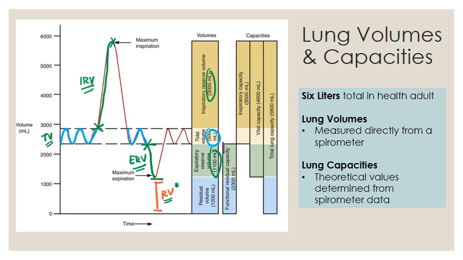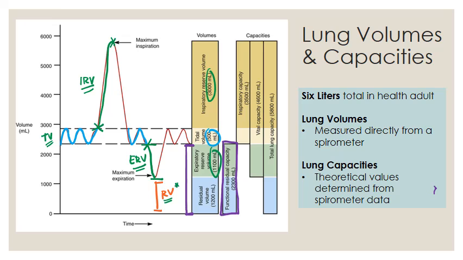The first capacity to talk about is the functional residual capacity. And this is the combination of all of the air at the end of a tidal breath. So this is the addition of the expiratory reserve volume plus the residual volume, the total being about 2.3 liters.